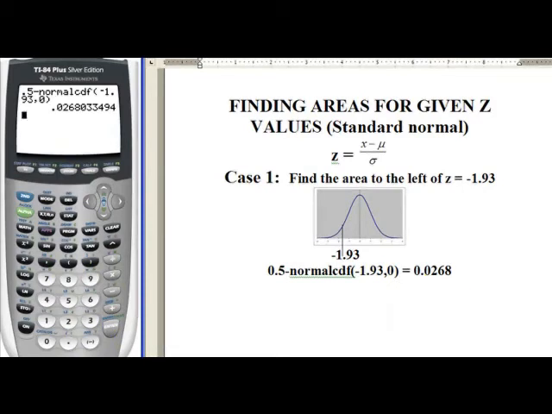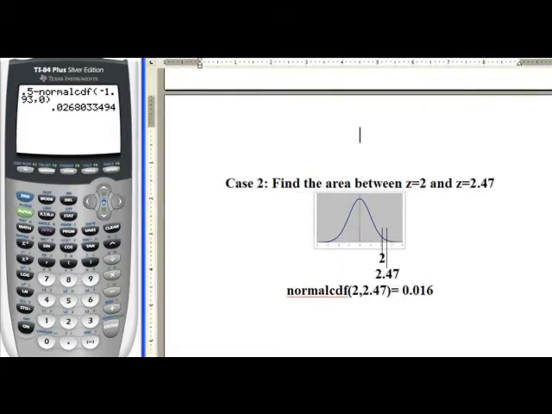Now let's look at case 2. In this case, we are trying to find the area between z of 2 and z of 2.47, right here and here. So we're talking about this little area in here. And since I know the normal CDF button does take the integral and calculates the area between two z values, I will just use my calculator doing that.